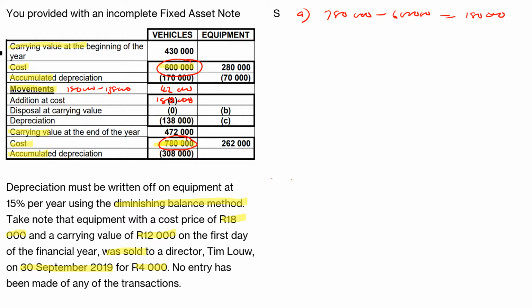So if you take the opening carrying value plus movements, you get your carrying value at the end of the year. That's 430 plus 42, which gives you 472. That gives you this figure here.